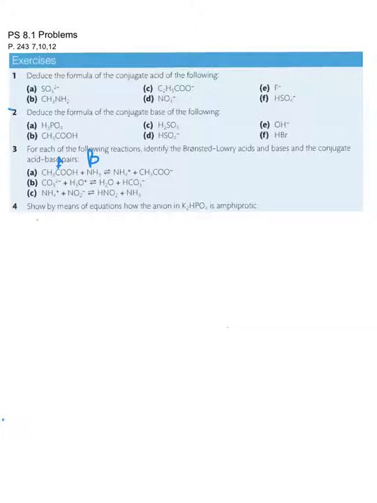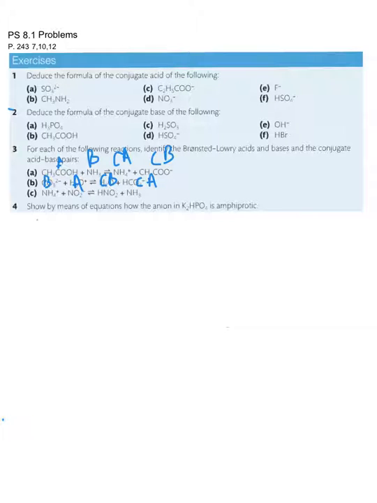That makes NH4 my conjugate acid, and CH3COO minus my conjugate base. With CO3 2 minus, it gains the hydrogen, so this was the base on this side. The H3O gives it up, so it's the acid. And on the other side, H2O is my conjugate base, and HCO3 is my conjugate acid.